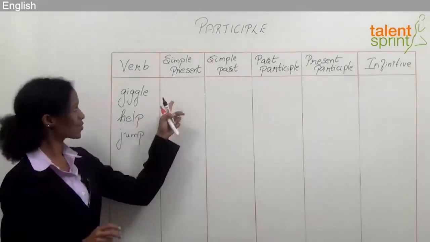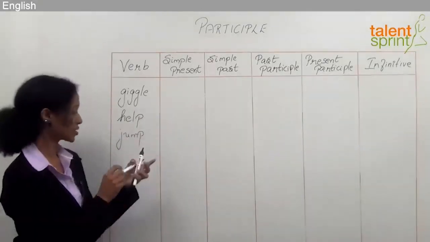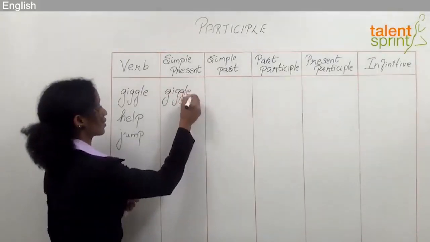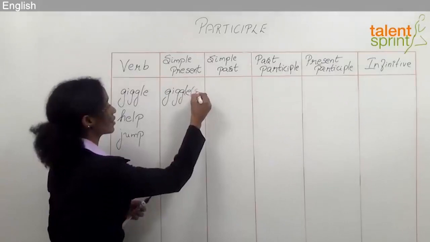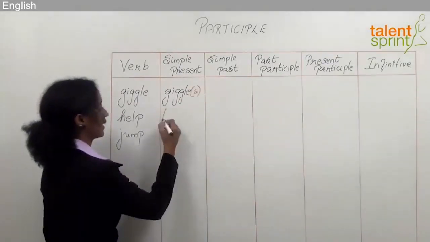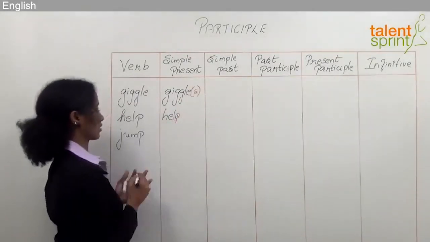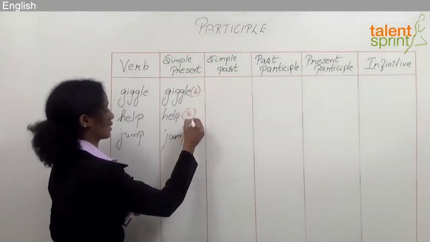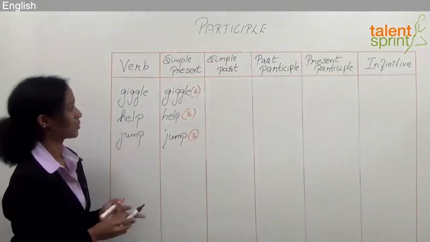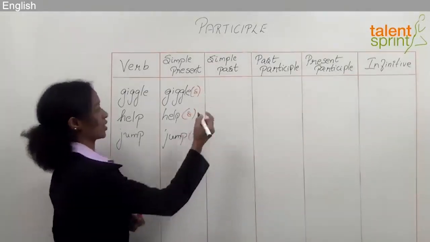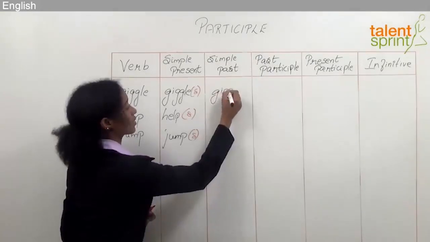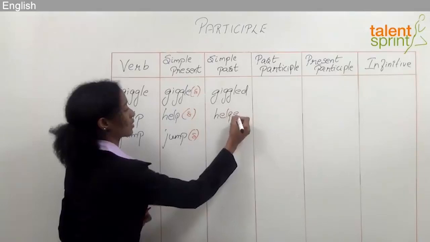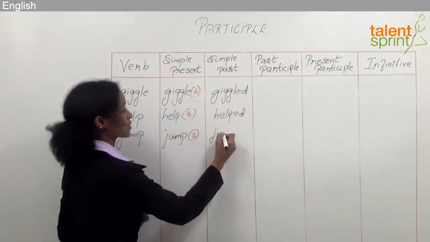So let's look at the simple present form of these verbs. Giggles, helps, and jumps. So the simple past is giggled, helped and jumped.